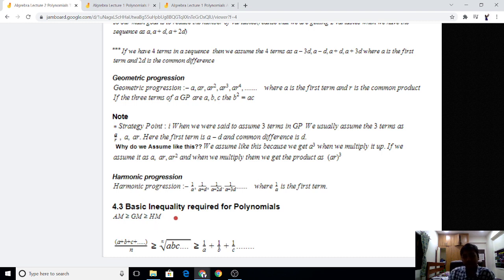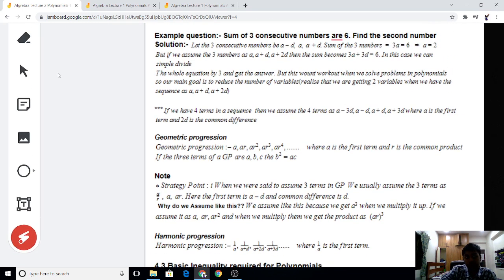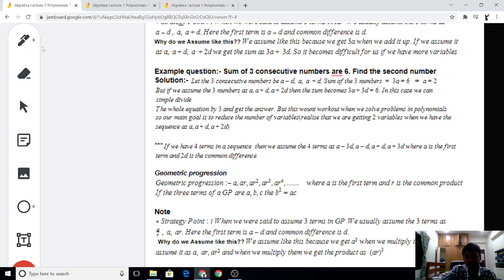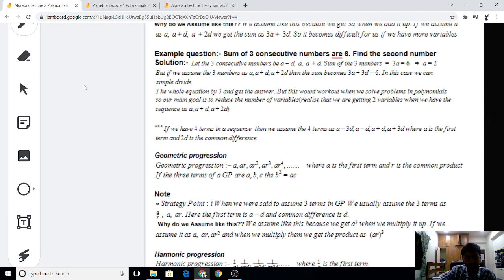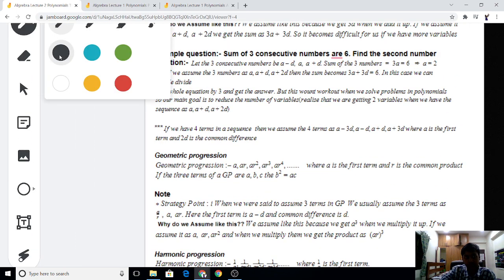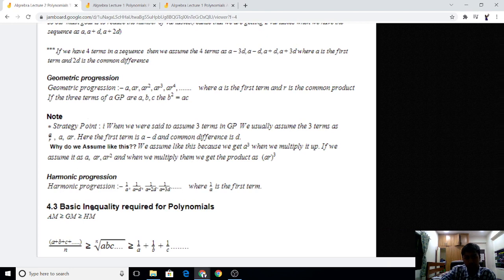And this is inequality. I'm just telling you the basics because it might be necessary in solving questions.